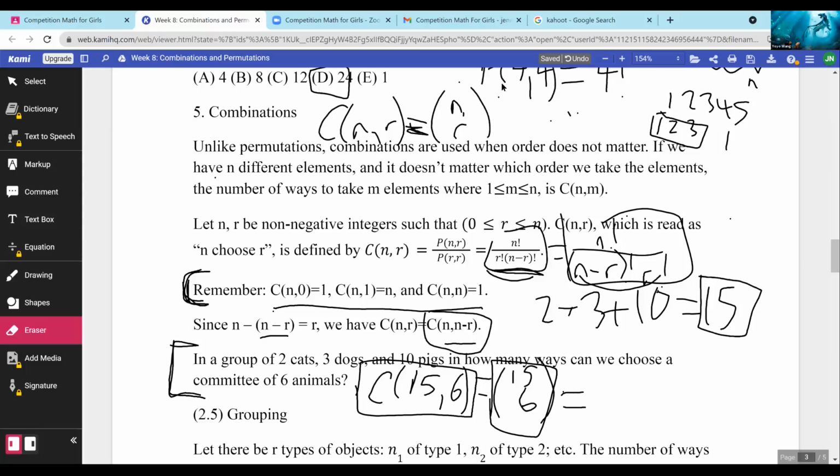Wait, but are we going to write in that form, or are we just going to write the answer? Usually for homework, we write the number, but for this problem, since it's a big value, we just need to find the formula.